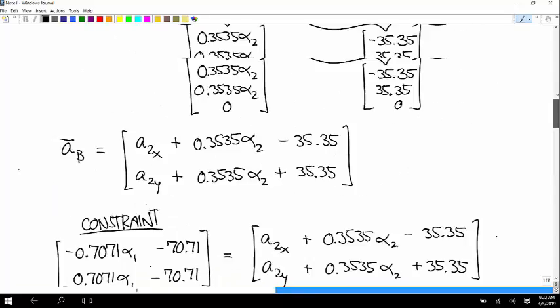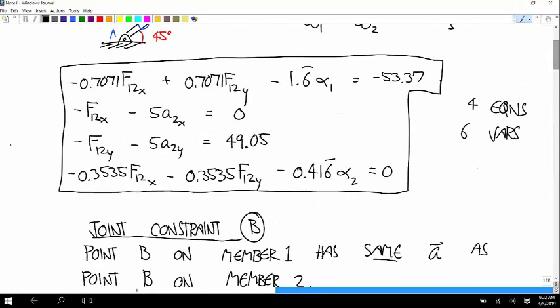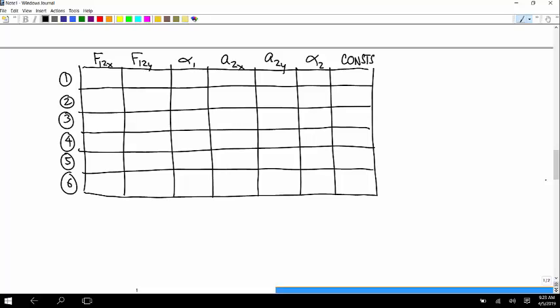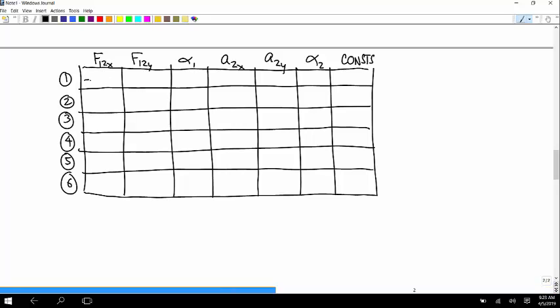And then I've already written all these equations with the variables on the left and the constants on the right. So now all I have to do is go through these equations, read off the coefficients, and put those in the matrix. For the first equation, F12X is negative 0.7071, F12Y is positive 0.7071, alpha 1 is negative 1.6 repeating, and the constant is negative 53.37.